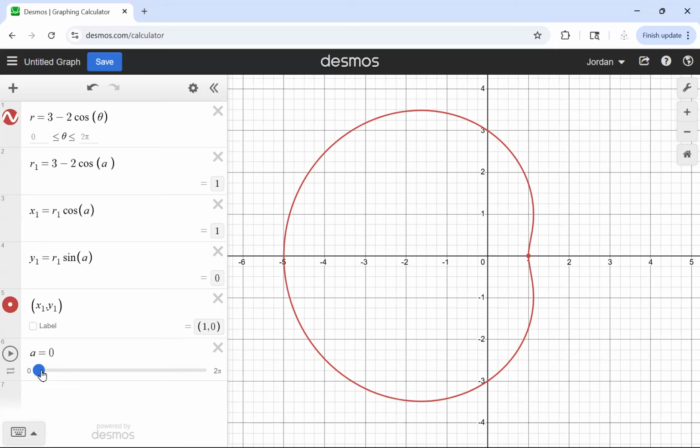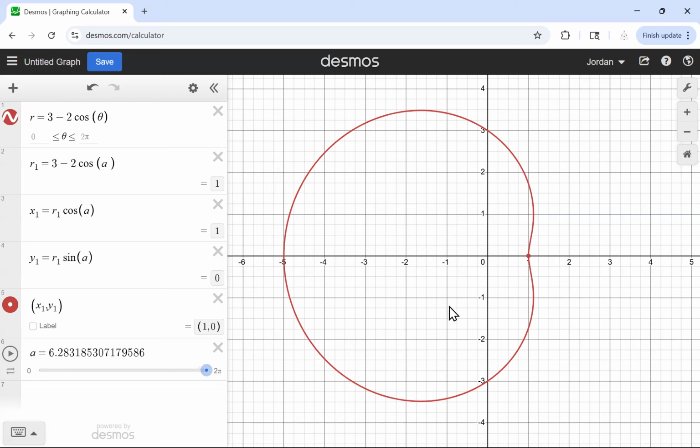And then I start moving around that limacon, and the next time I get back to that same value is when I hit 2 pi. Therefore, the interior of this dimpled limacon can be found by integrating from 0 all the way around to 2 pi.